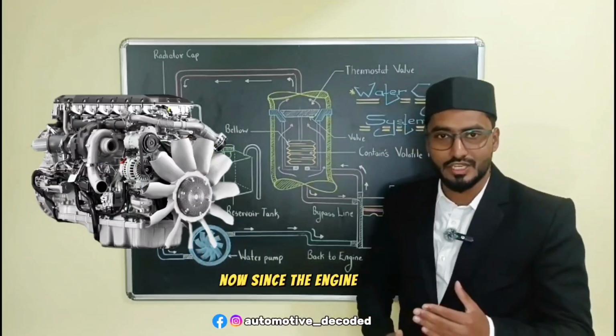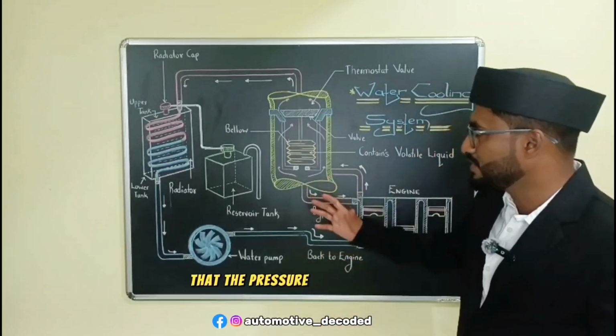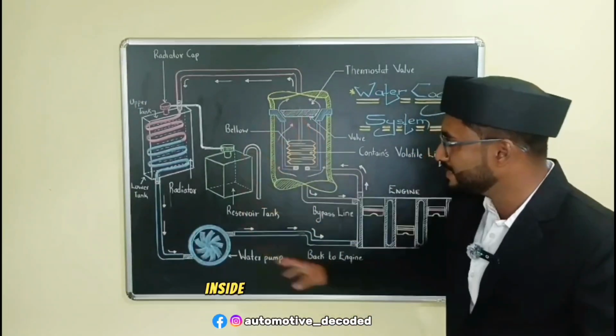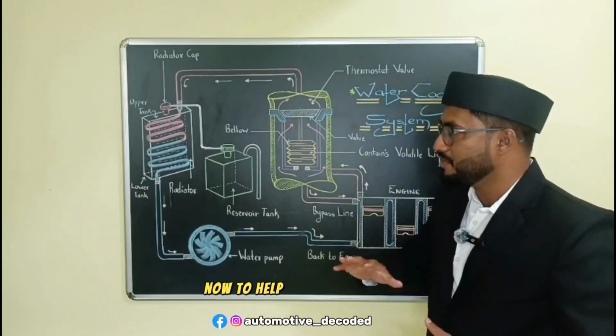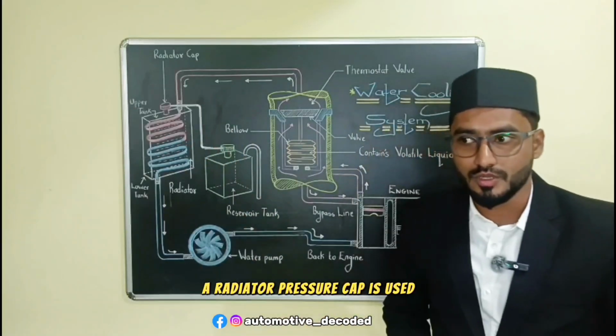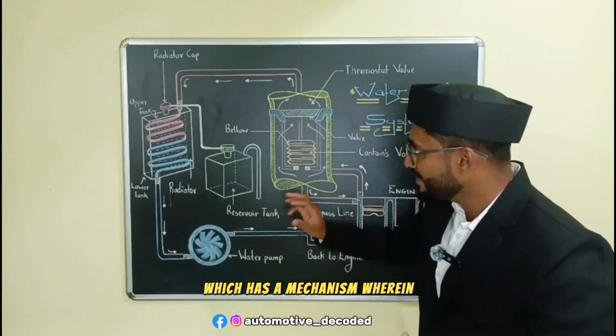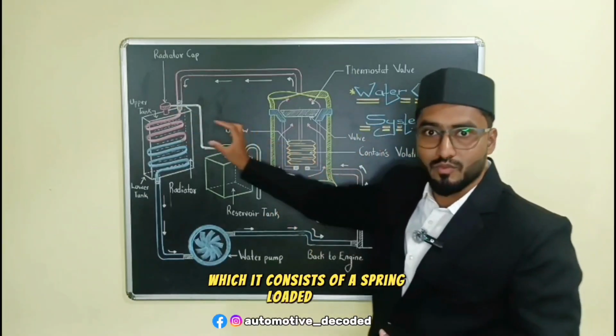Now, since the engine runs continuously, there is a possibility that the pressure and temperature of the coolant inside the system will increase. To help solve this problem, a radiator pressure cap is used, which consists of a spring-loaded valve.